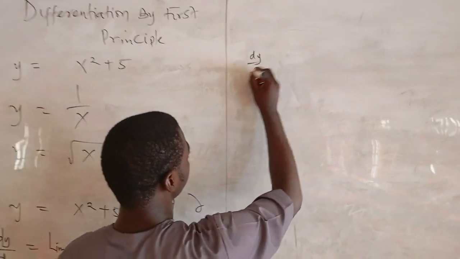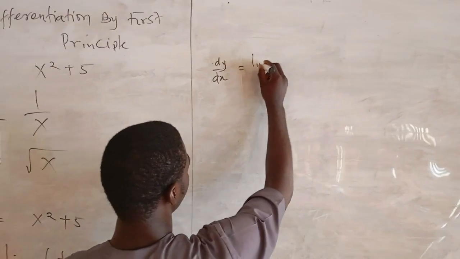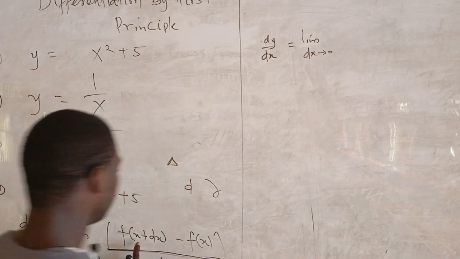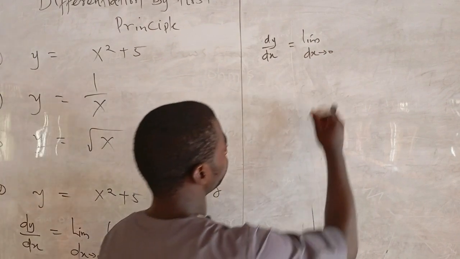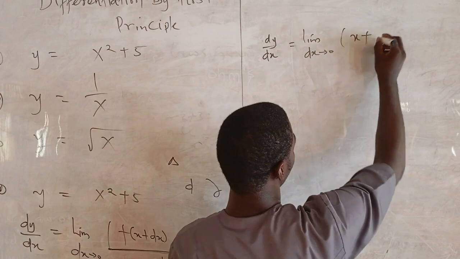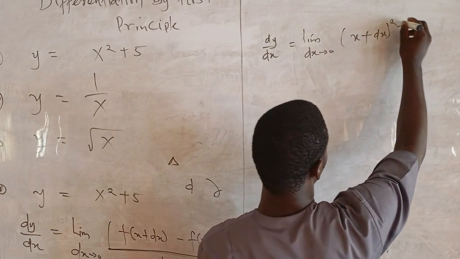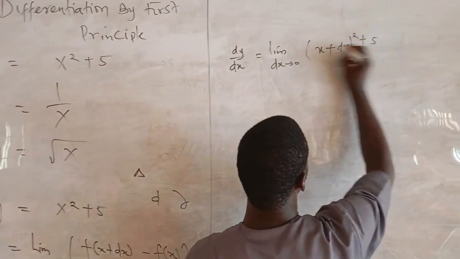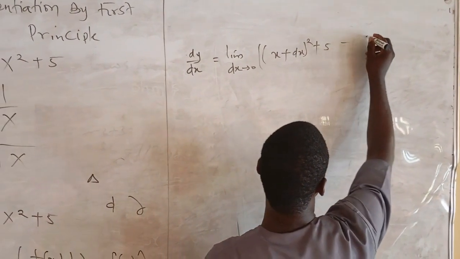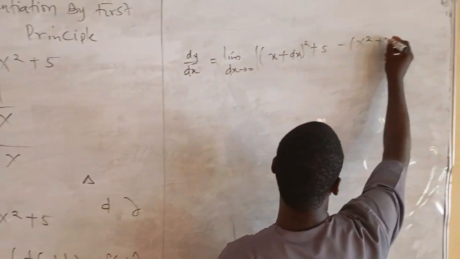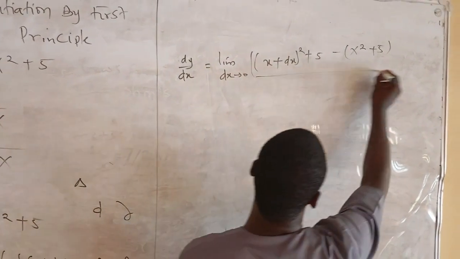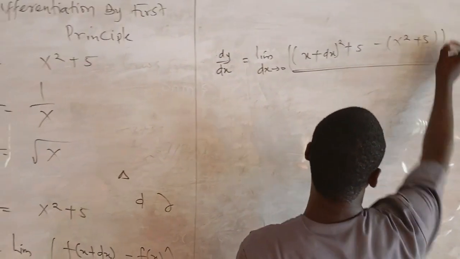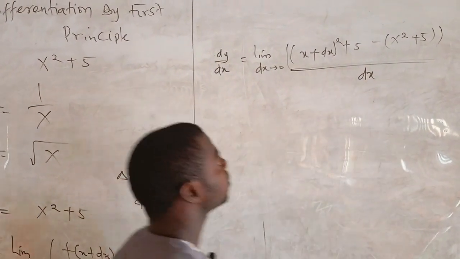So we have f of x plus dx, which will be x plus dx squared plus 5, minus x squared plus 5, divided by dx.